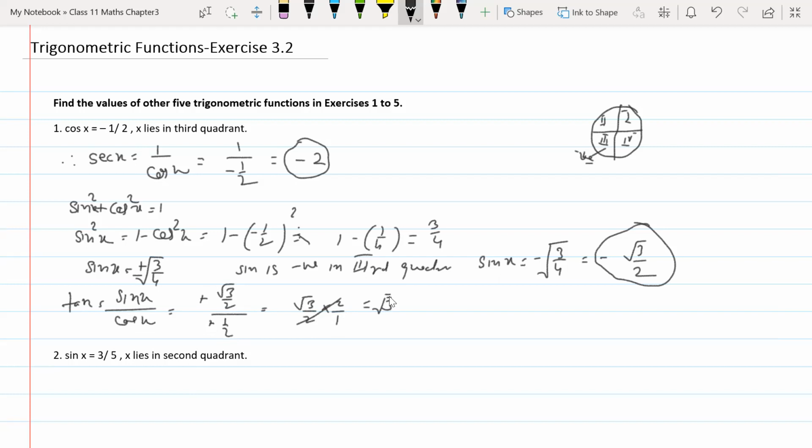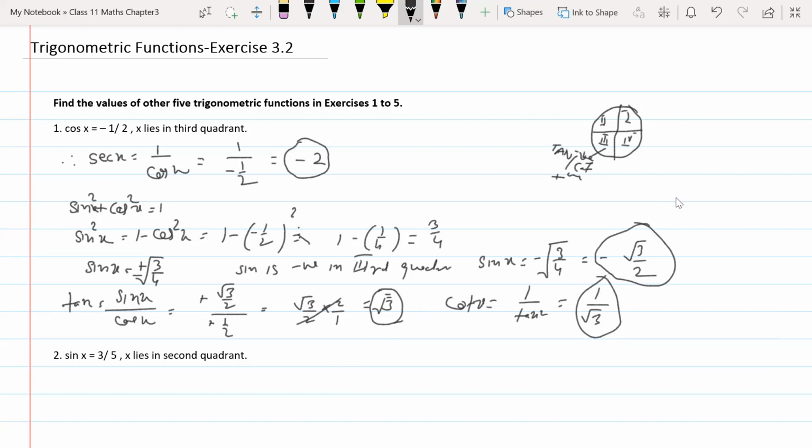We know that in the third quadrant, tangent and cotangent are positive. Hence it's positive. And cotangent x is equal to 1 by tangent x, which is 1 by root 3.